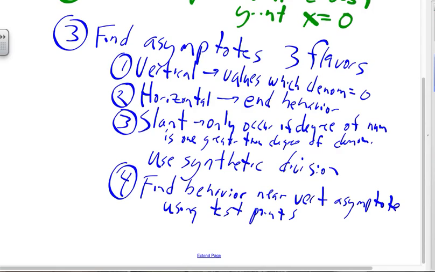And then finally, we're going to sketch the graph using all our points. All right? So once we've found it, it has to go through the x and y intercepts. Asymptotes are values it approaches but doesn't get to. So here are our basic steps. And let's work through some examples here.